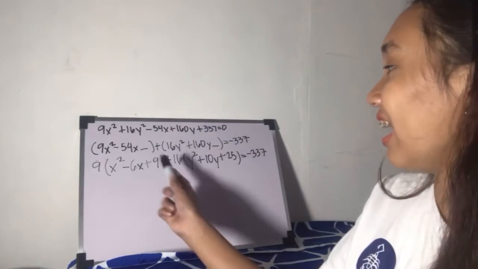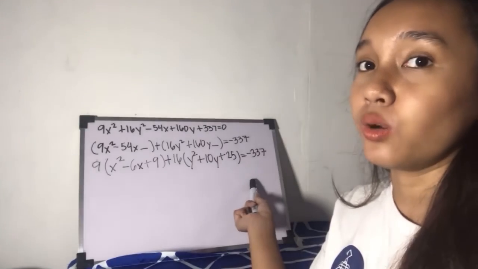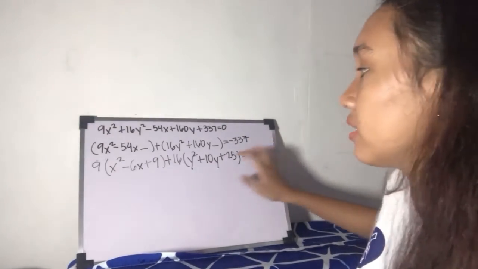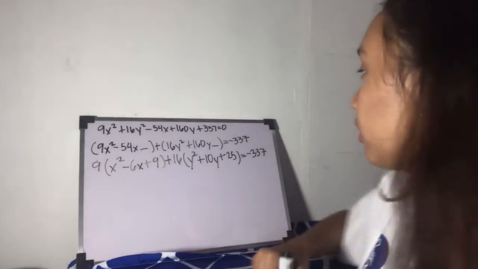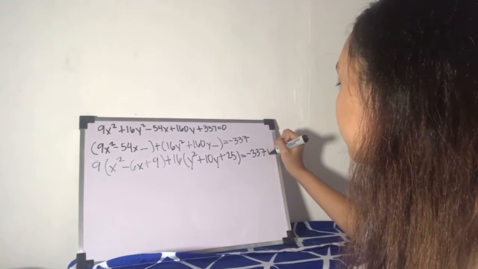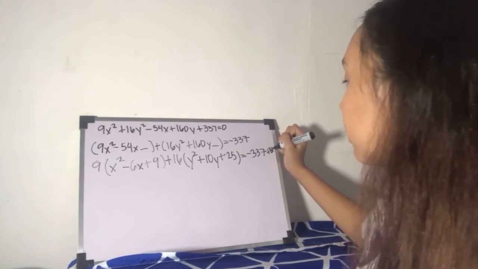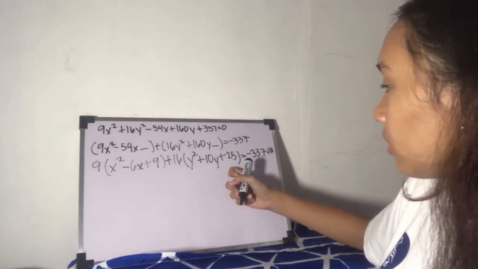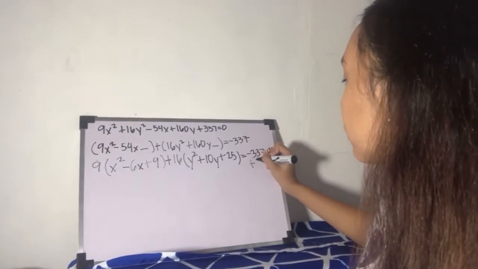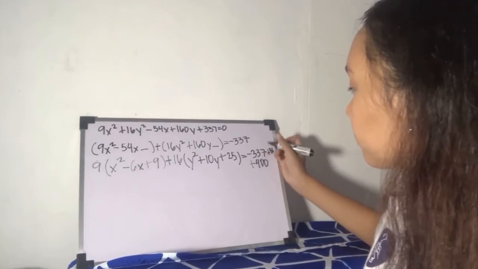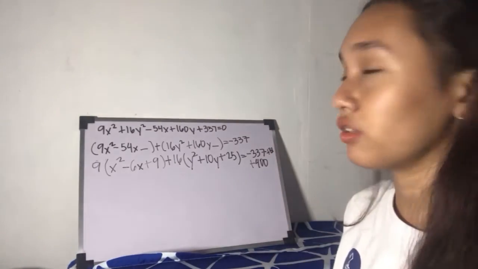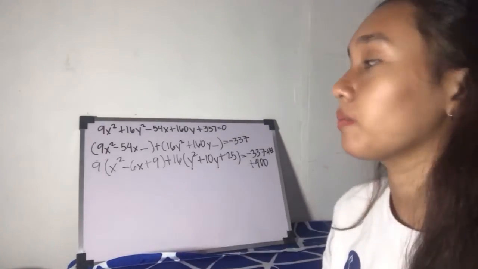Since we add 9 and 25 here, we are supposed to add that to the other side too. But since we factored it already, we are going to add positive 81 instead, and 25 times 16 is 400. Okay, next we are going to factor this.